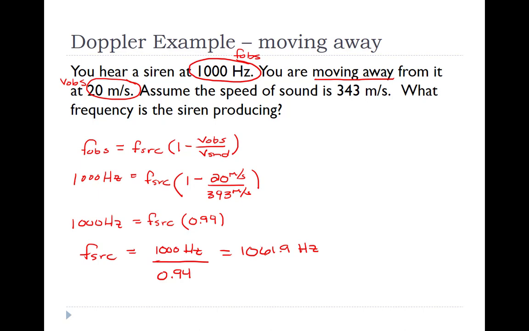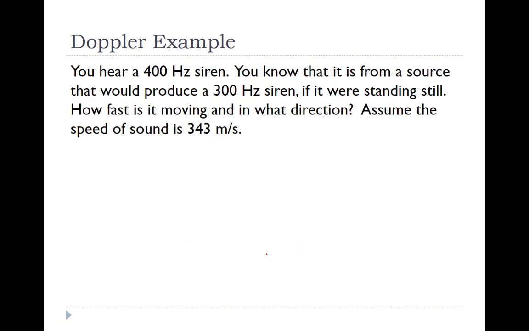For our next example, we want to determine how fast is something moving, we don't know yet, and in what direction. So I hear a siren at 400 hertz, so this again, because I'm hearing it, is the observed frequency. I know that it is from a source that would produce a 300 hertz siren, so this is the source frequency.